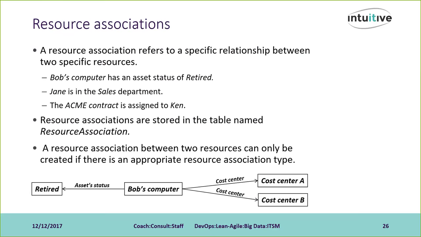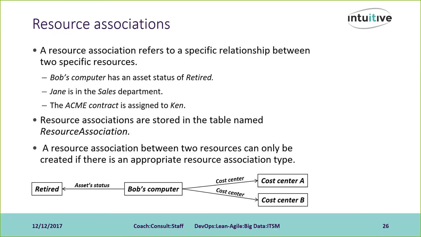A row can only be added to associate two resources if there's an appropriate resource association type created already. For example, an association between Bob's computer resource and the active resource can be entered because there is a resource association type named asset status that associates a computer resource type to a fixed asset status resource type.